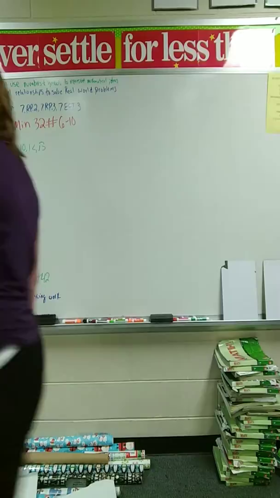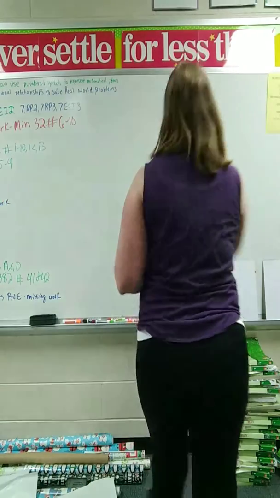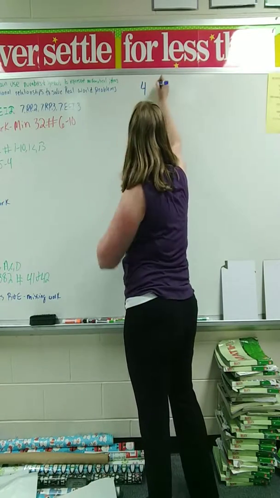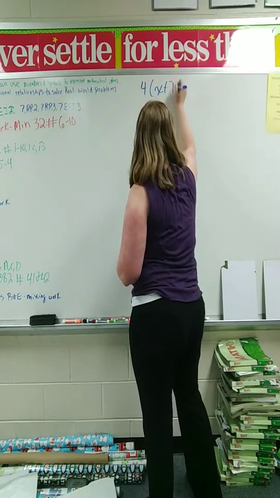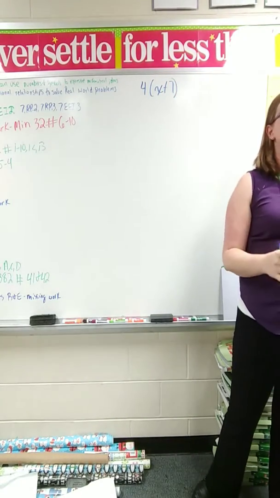If I look at example 2, example 2 says 4 times the quantity x plus 7. That means that I have 4 sets of x plus 7.